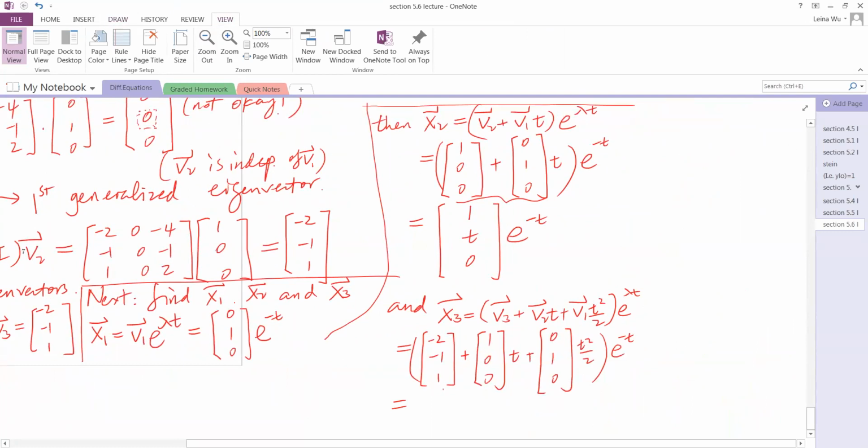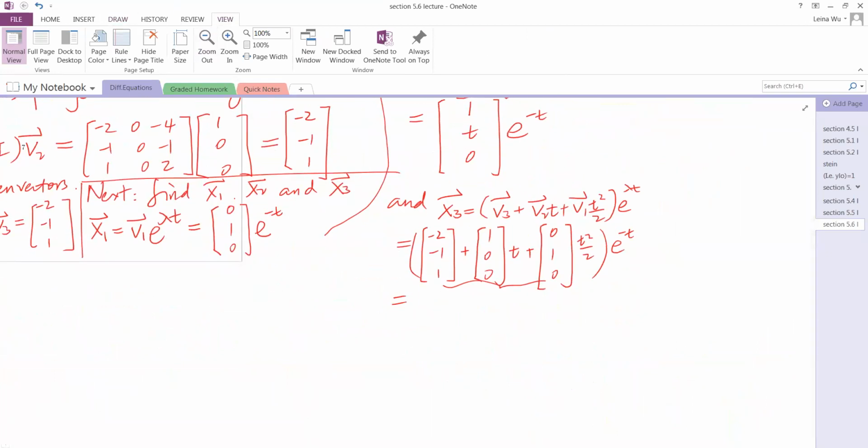So let's go ahead and just combine the three column vectors together. So I should have a column vector e raised to negative t, right? First entry this time would be negative 2 plus t. Second entry would be negative 1 plus t squared over 2.